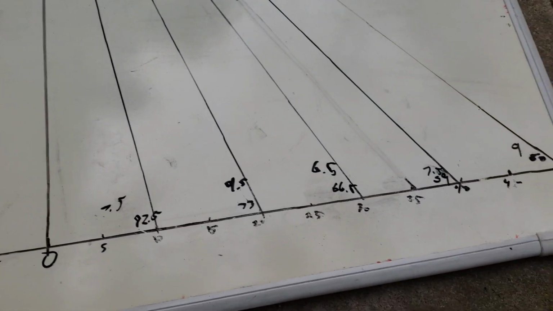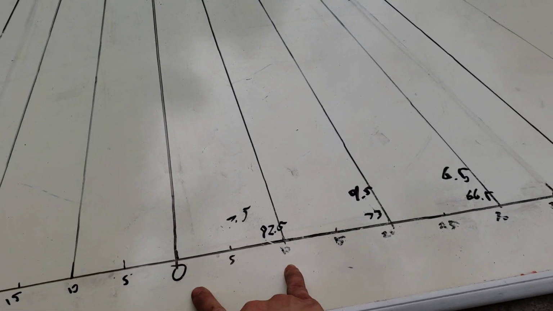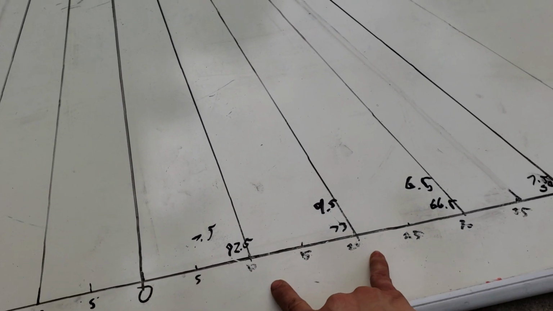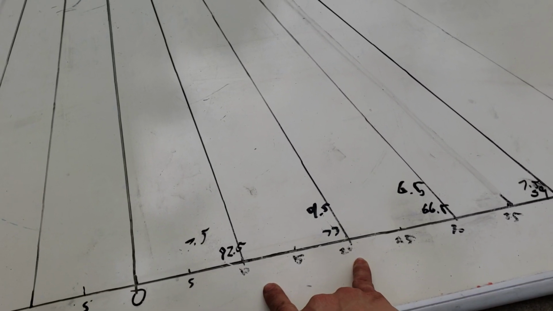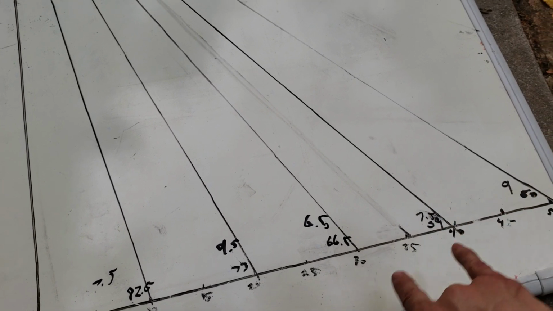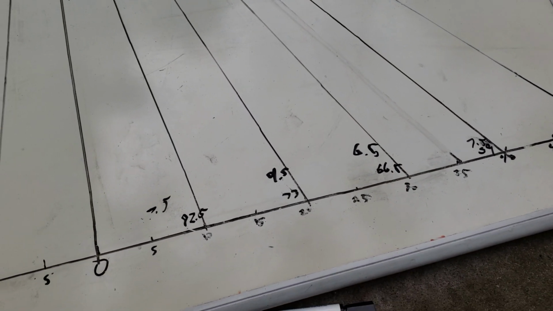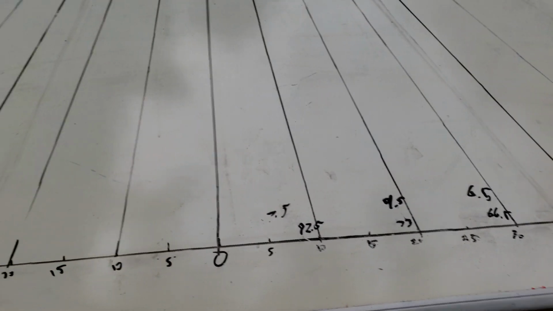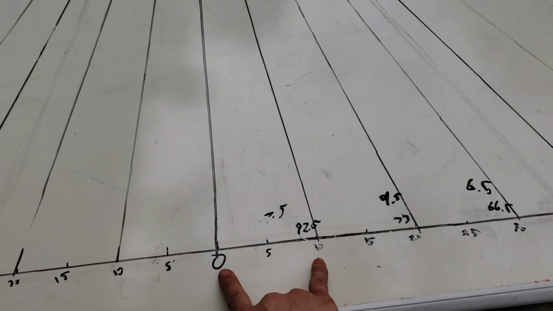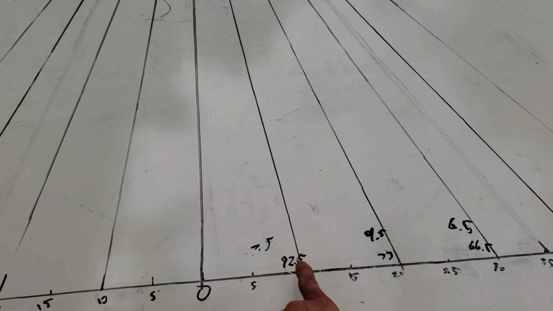Notice the pattern here: the change in degrees does not match the change in distance at the same rate. It changes. Our latitude system is based on the fact that this change in distance will be directly proportional to the change in degrees.